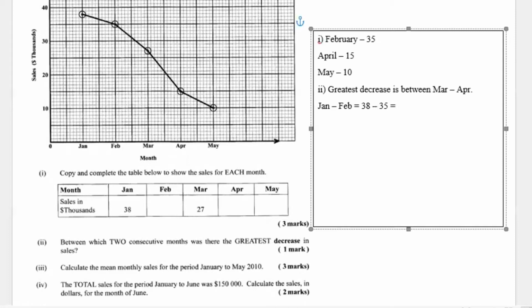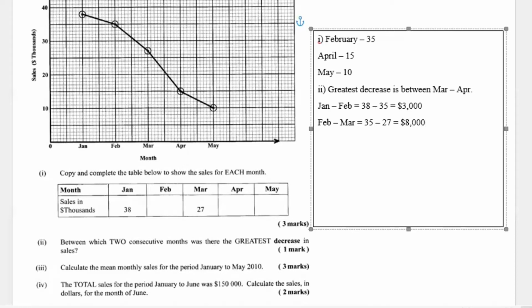So therefore, that will give us a difference of $3,000 basically. If you're looking at February to March, that will give us February as we had was 35,000 minus March, which is 27,000. When you do that calculation, you'll get a difference of $8,000.